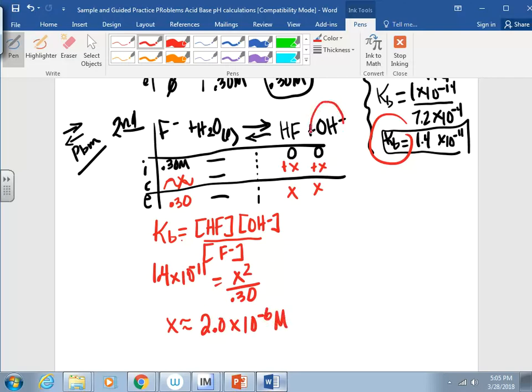And what we have found, and this is where you've got to look back up here, we found hydroxide. So x in this case represents the hydroxide ion concentration. So if we take the negative log of this, we will have found the pOH.